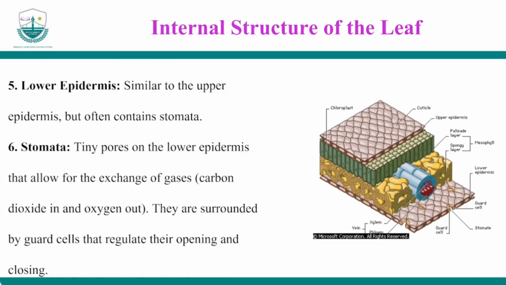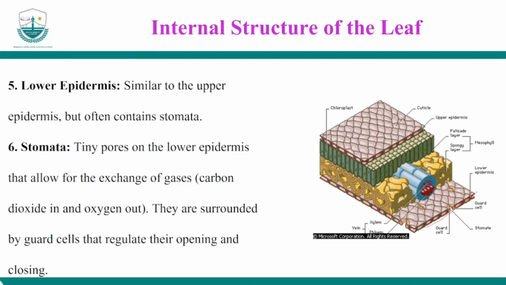And then the lower epidermis down here, this is what you see there. They have openings that we call the stomata. The stomata are tiny pores or openings in the lower epidermis. Of course, this does not mean that on the upper surface of the leaf you don't have any stomata.